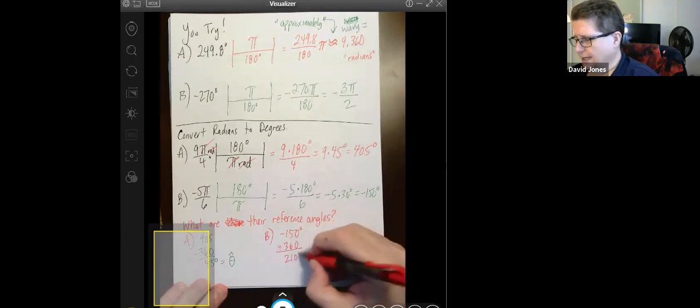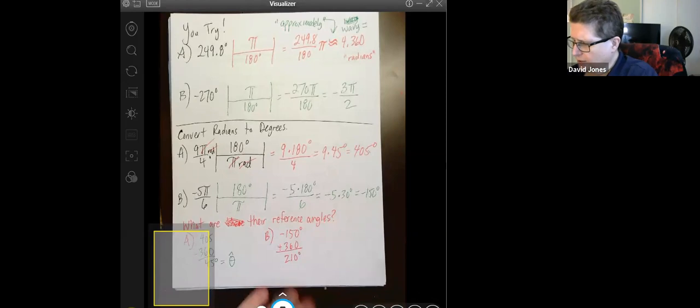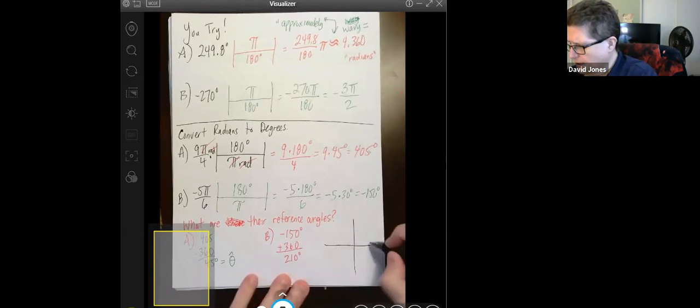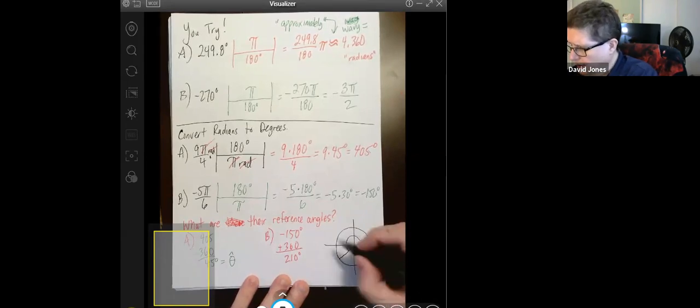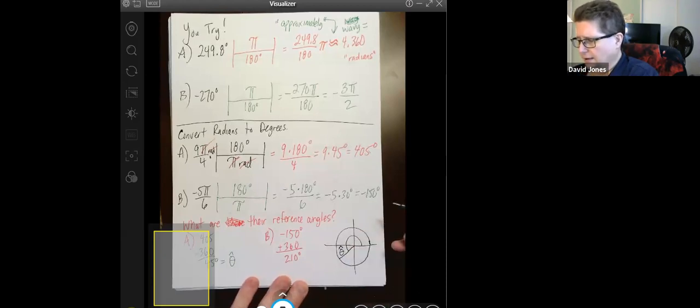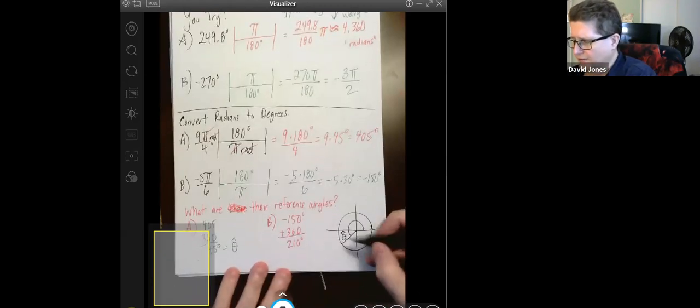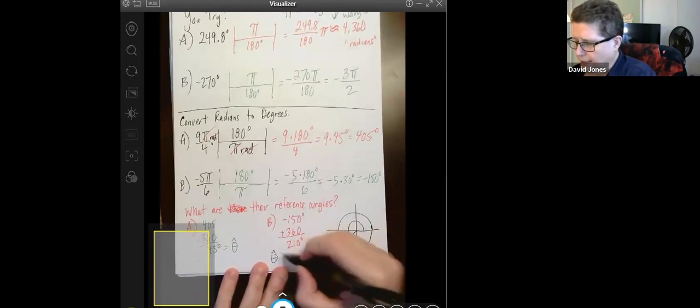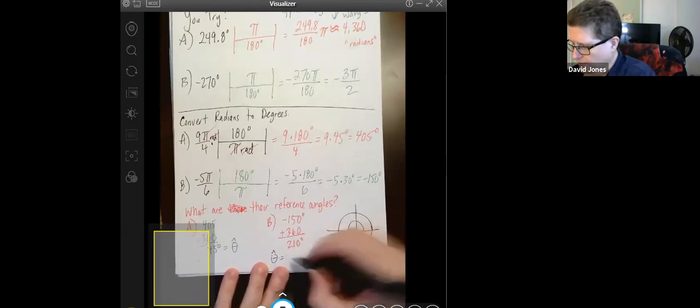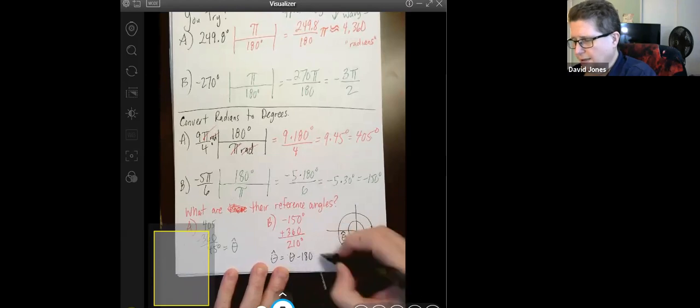Gives us 210. Where are we at on the circle with 210? We go, that's 180, so 210's in quadrant 3. Theta hat is right there. And for that one, we have to do theta hat is our angle minus 180. 210 minus 180 is 30 degrees.